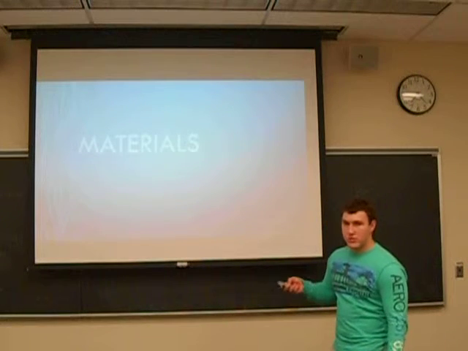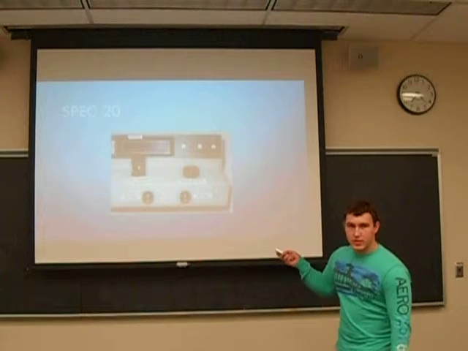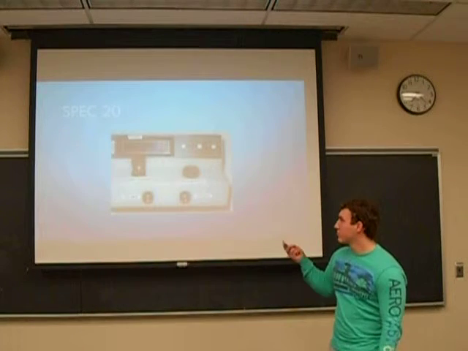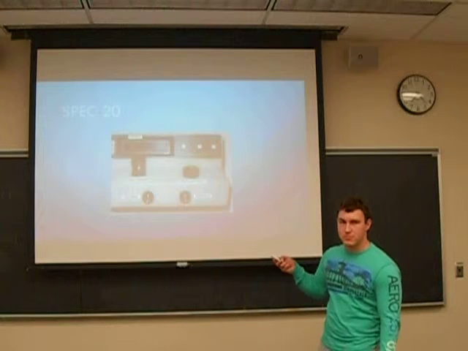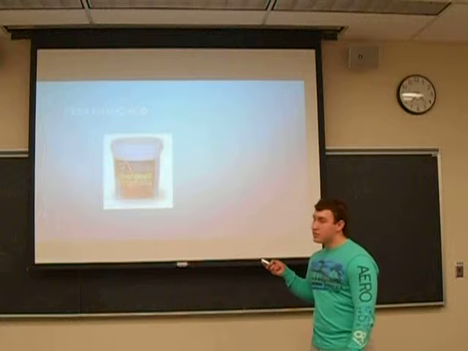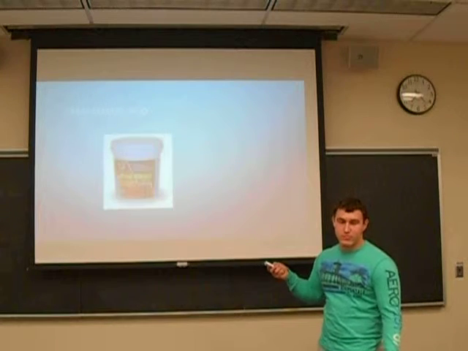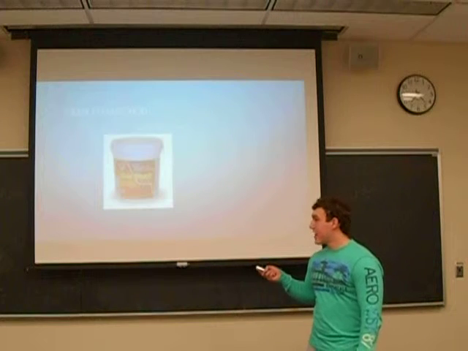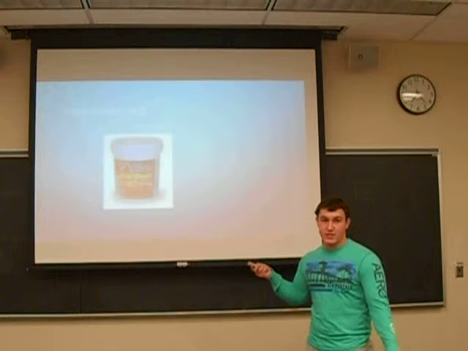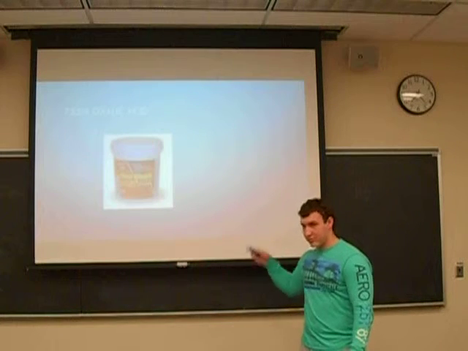So some of the materials we're going to need are, first, the Spec 20, which is used to calculate the transmission percentage. Then we have oxalic acid. I did some digging on this stuff because I was a little bit interested. Oxalic acid is actually wood bleach, so if you ever have anything on your hardwood floors that you want off, it's a place to go.